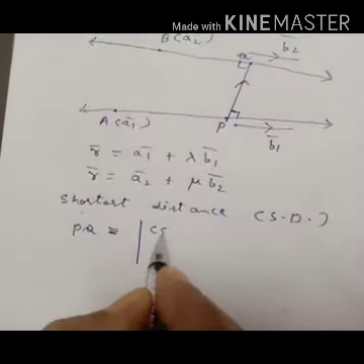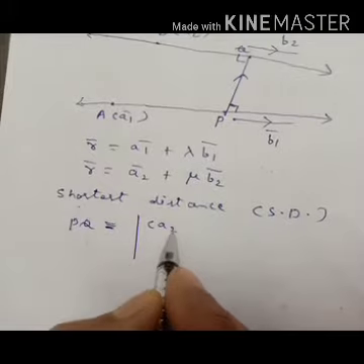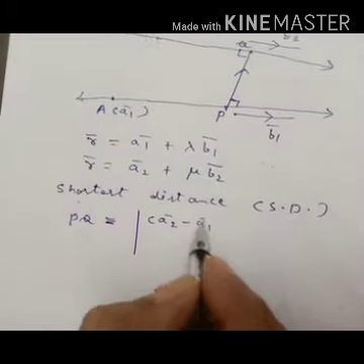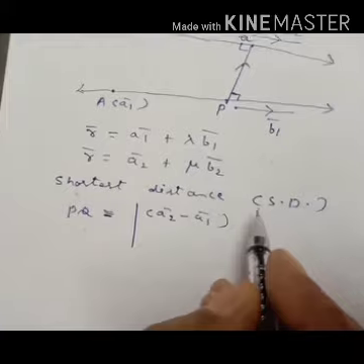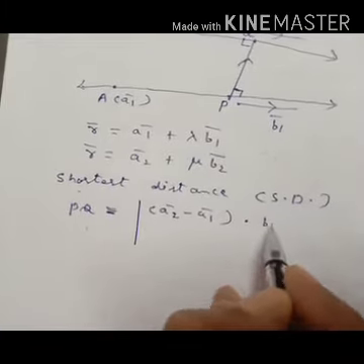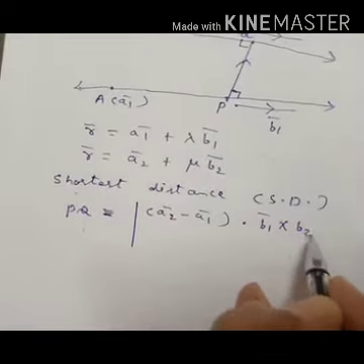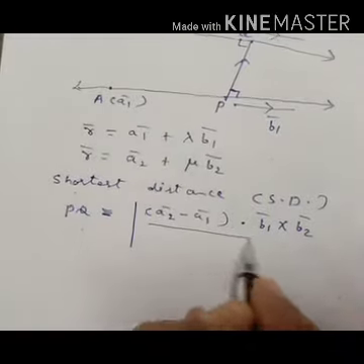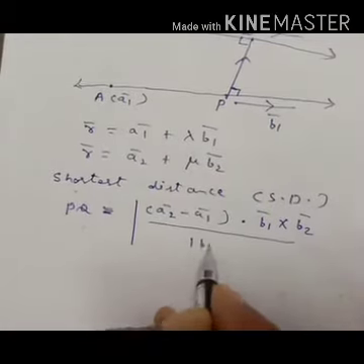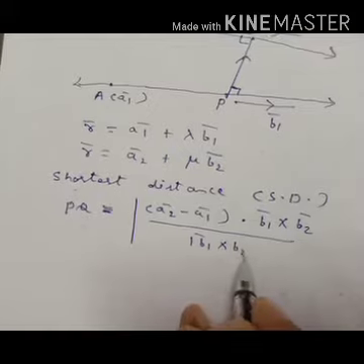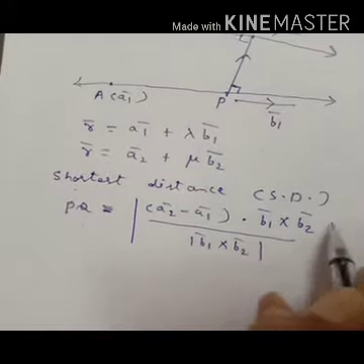It is given by mod of bracket A2 bar minus A1 bar dot B1 bar cross B2 bar, divided by magnitude of B1 bar cross B2 bar.